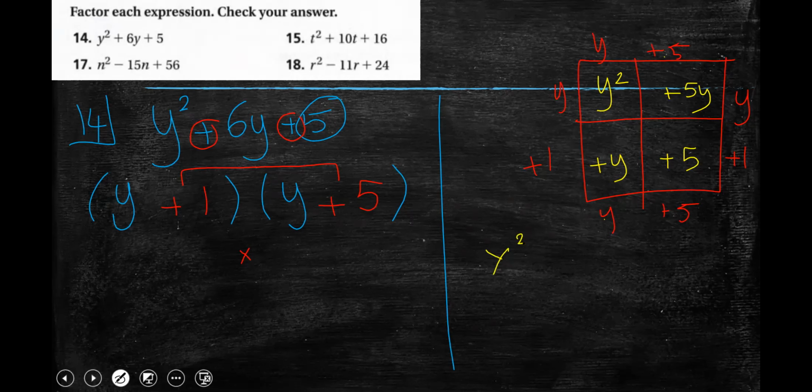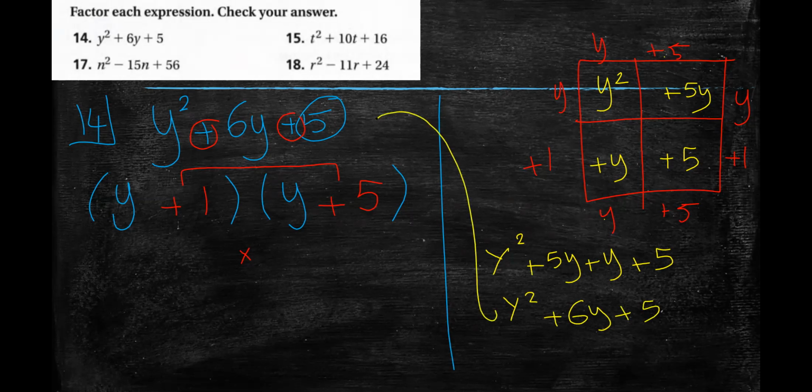Then it's y squared plus 5y plus y plus 5, which equals y squared plus 6y plus 5. Are they the same? Yes. So my factoring is correct. Is it clear?